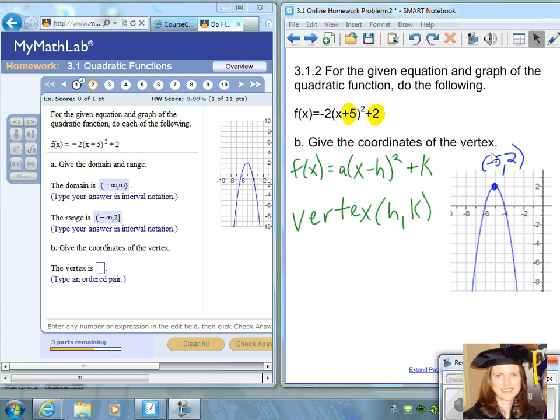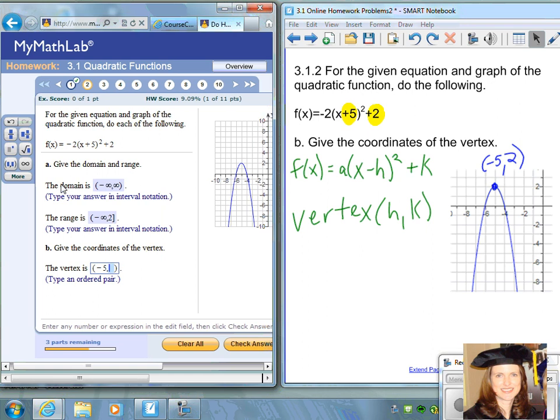So again, the vertex, by looking at the graph, is -5, 2, and also by choosing in parentheses an x + 5, so it's the opposite of the +5, and the +2 on the outside. So that's going to be our vertex at -5, 2, and let's check our answer. Good job.